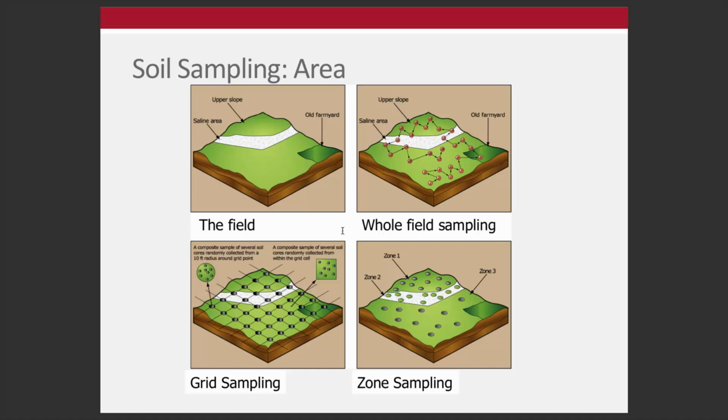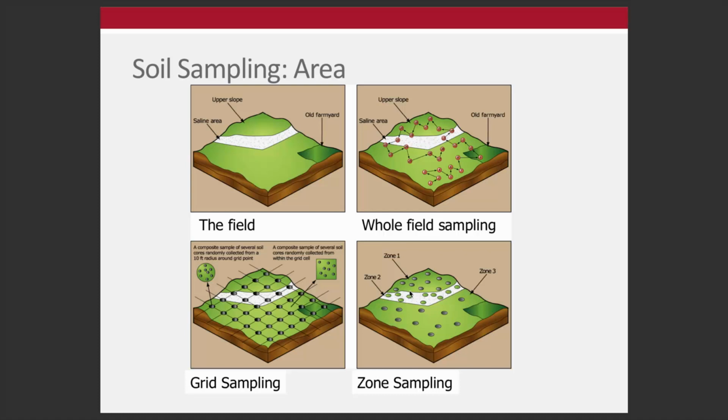Another approach would be grid sampling, where we just systematically lay a grid across this field, and then we sample at given designated grid points. Okay. And then the final approach would be zone sampling, where we have some previous history of a field. We're going to go out and we're going to split it up into however many zones might be appropriate.